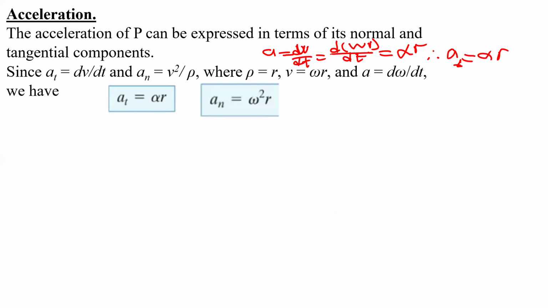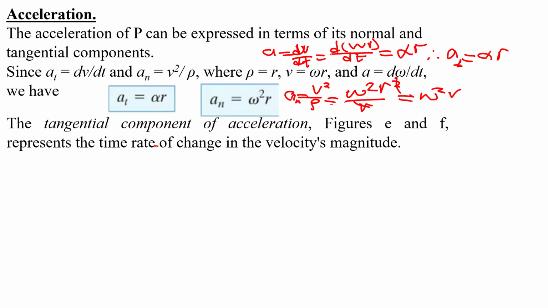The normal component is v squared over rho, which is equal to omega squared R squared over R. So this cancels out, which is equal to omega squared R.